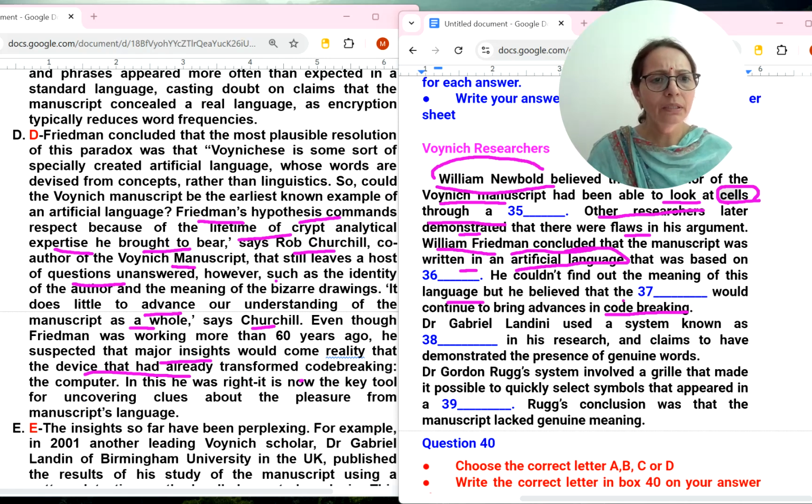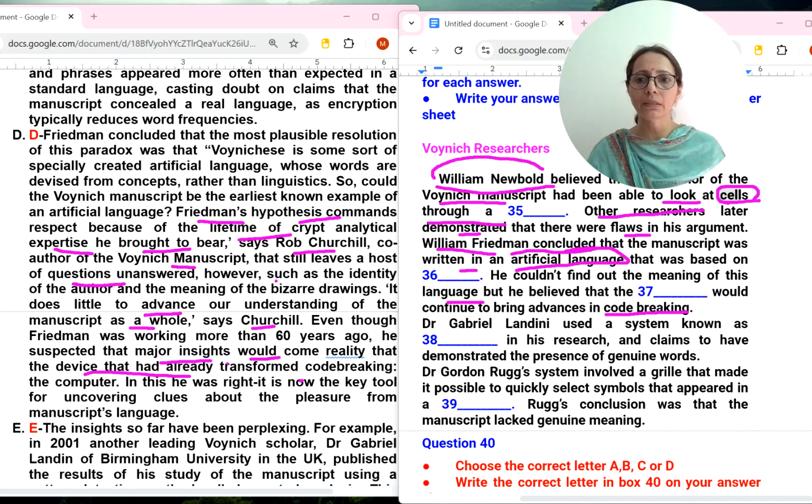He believed that the dash would continue. That sentence structure is here: major insights would come. Would, sentence structure is also here. Come from a reality, device had already transformed code breaking, the computer. Continue to bring. So code breaking, what can do? Major insights will not fit, but he believed that the major insights would continue to bring advances in code breaking.